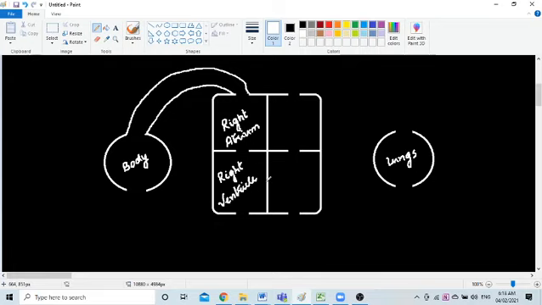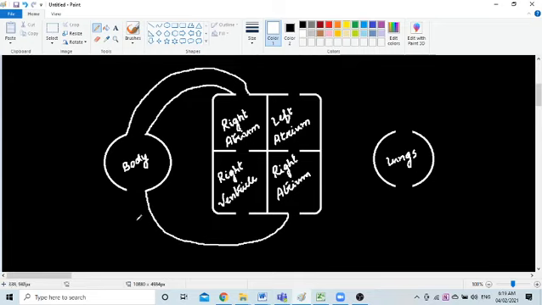Then here we have the left atrium, and then the left ventricle. So this is how these blocks are connected.